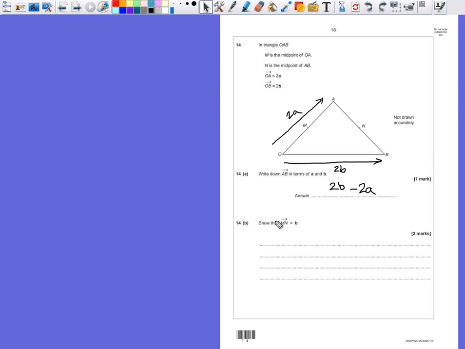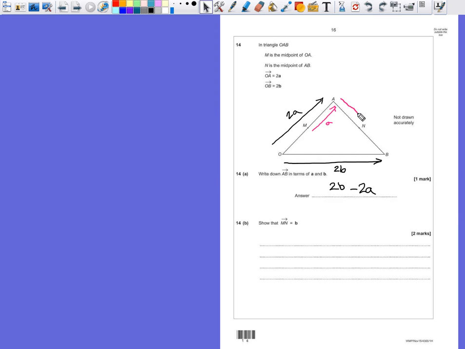14b, show that MN is equal to b. Okay, well, MN means we could start following this vector up here, which is just half of the vector OA, meaning that's just a. To get from A to N, we can just use half of our answer from part a.